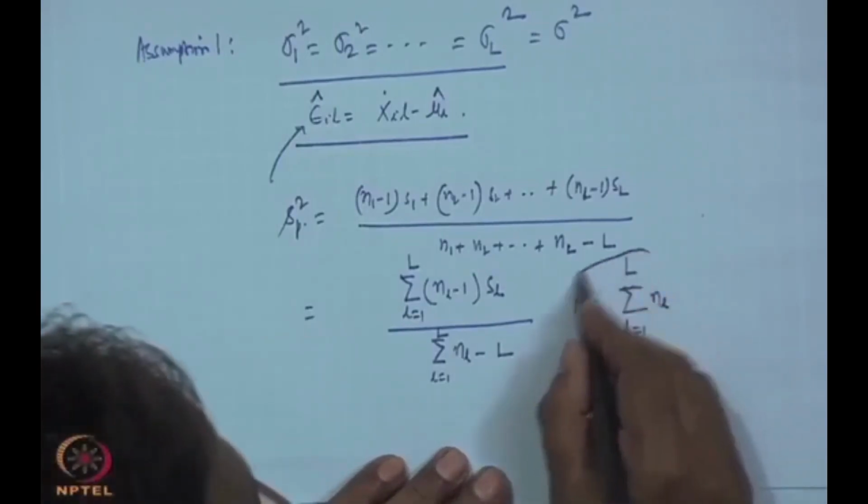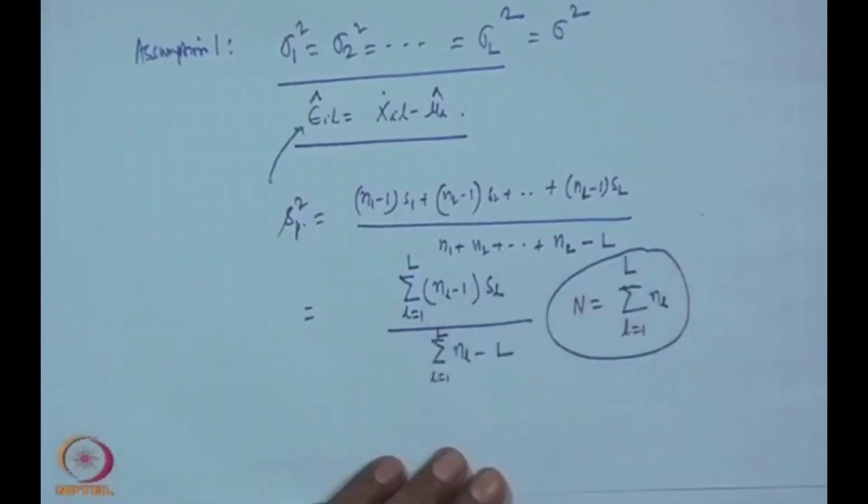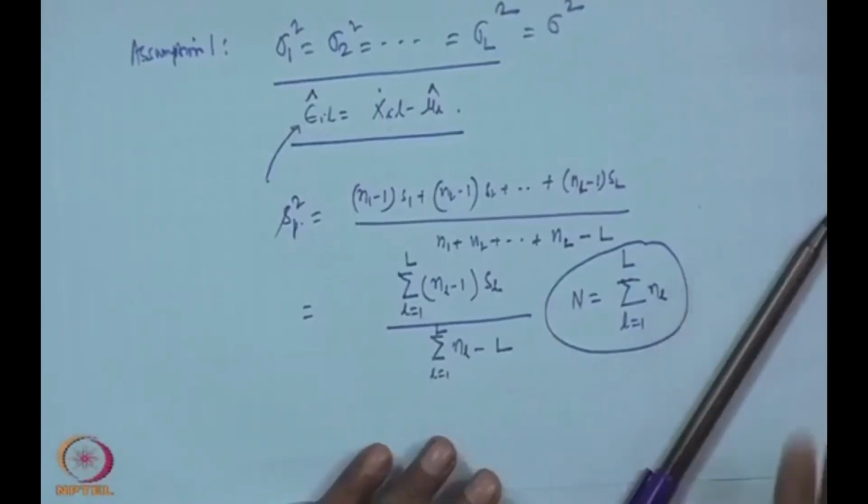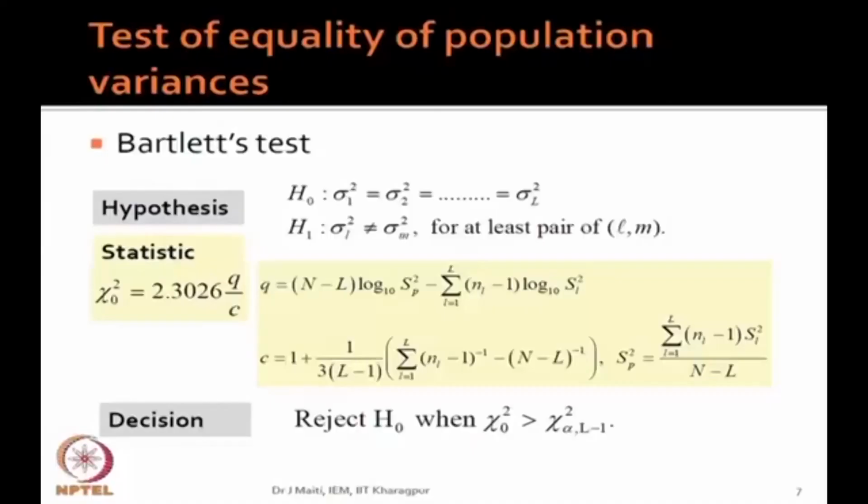That means the total sample size from all the populations. Although total sample size is not that meaningful, from every population you collected a sample of some size, and we are talking about the totality.